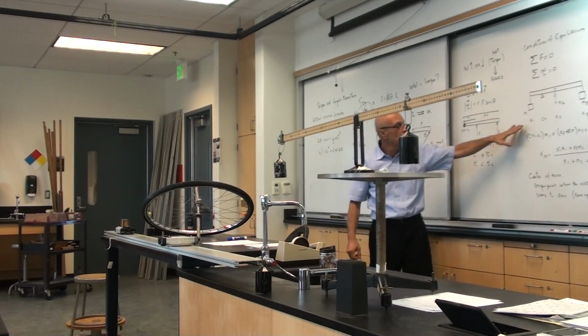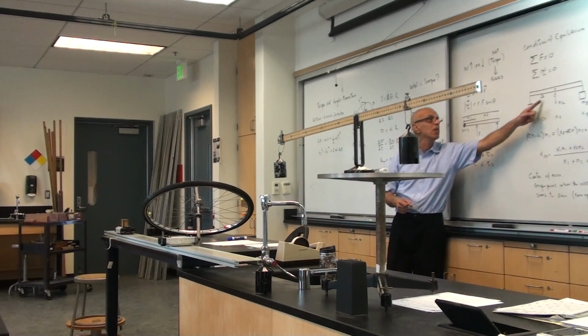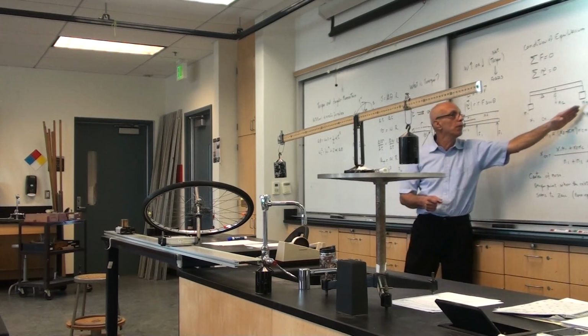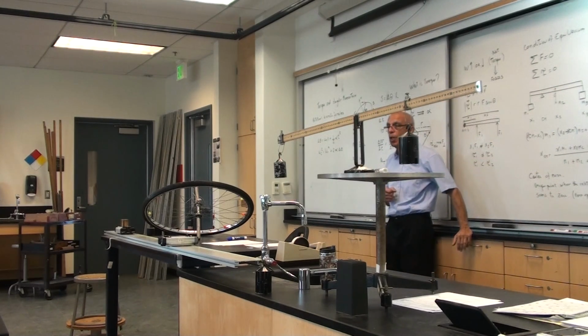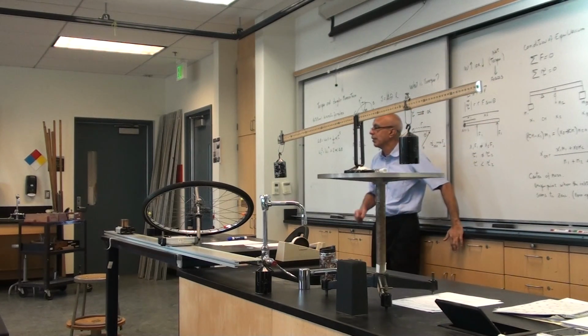And from here, we can solve for x, finding this position here, okay? So if I give you mass 1, mass 2, and mass 3, and the total distance, you should be able to calculate the position of the center of mass.